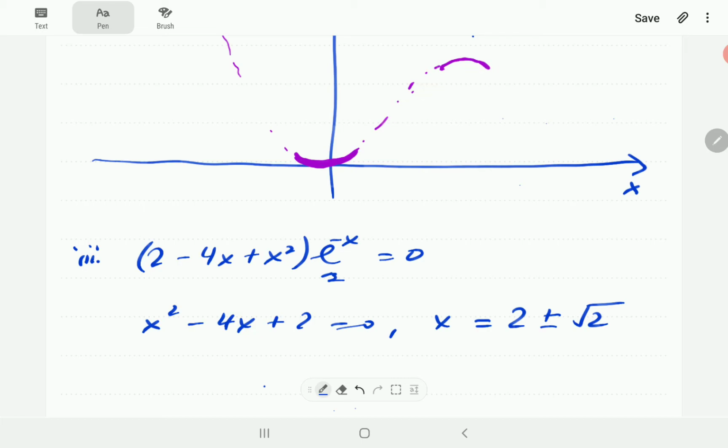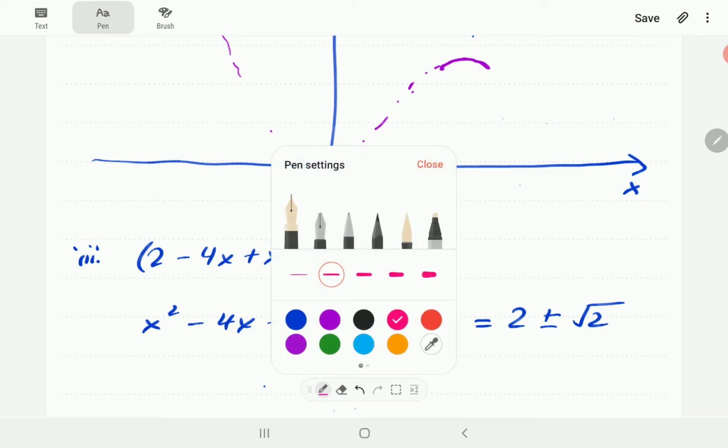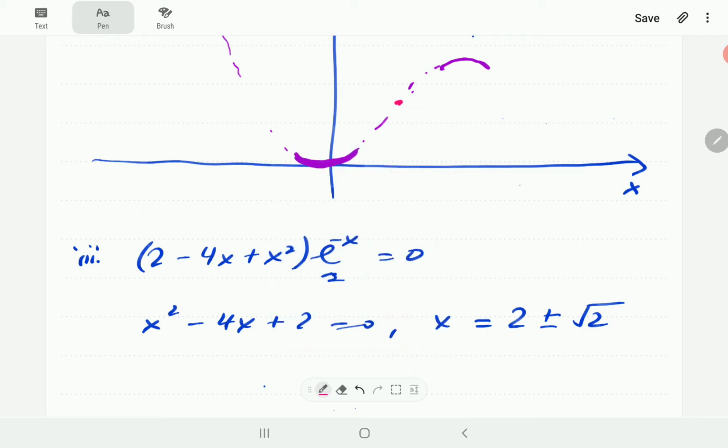So the point in the middle here, let me just go back to our sketch now. The point in the middle here where the concavity changes from down to up must be 2 minus root 2. So remember, this one is x equals 2.